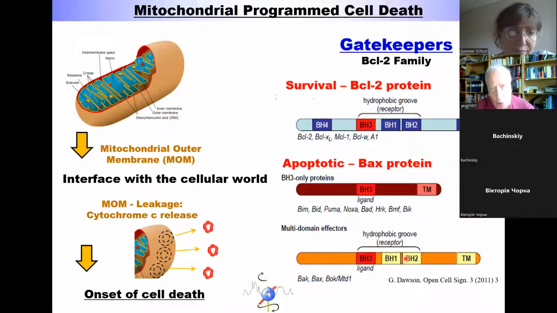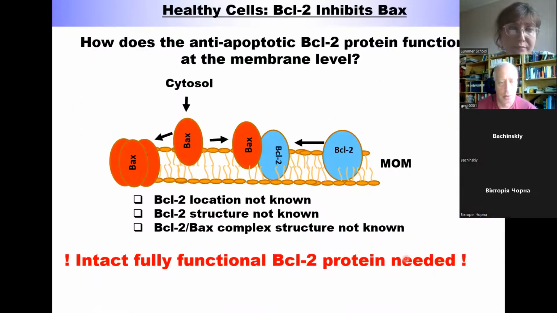So we have now a working model from our physical chemistry work and also from a lot of literature. Our working model is that we have a mitochondrial outer membrane, which is made of complex lipids. Then we have BCL2 sitting somewhere on the membrane, like a bodyguard. And if the BAX signal comes to kill the cell, normally BCL2 can neutralize it.